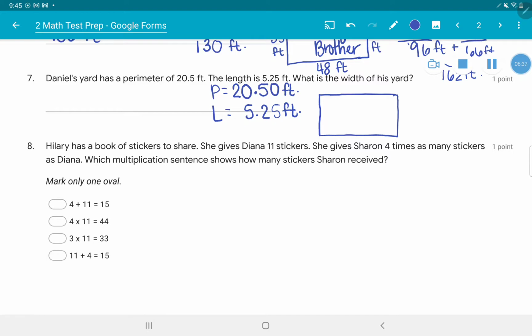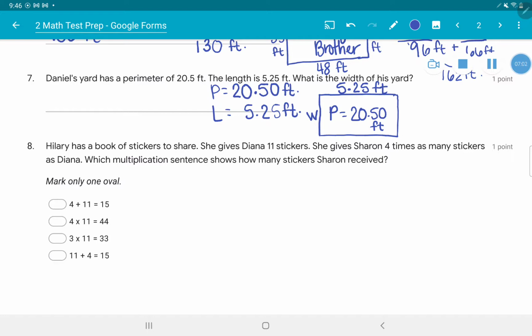And a long rectangle. I do not know the width. That's what I'm trying to find. But I do know that the perimeter is 20 and 50/100 feet.